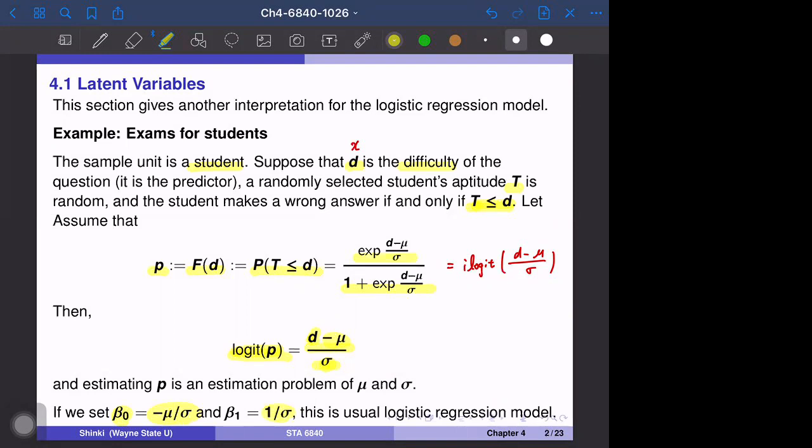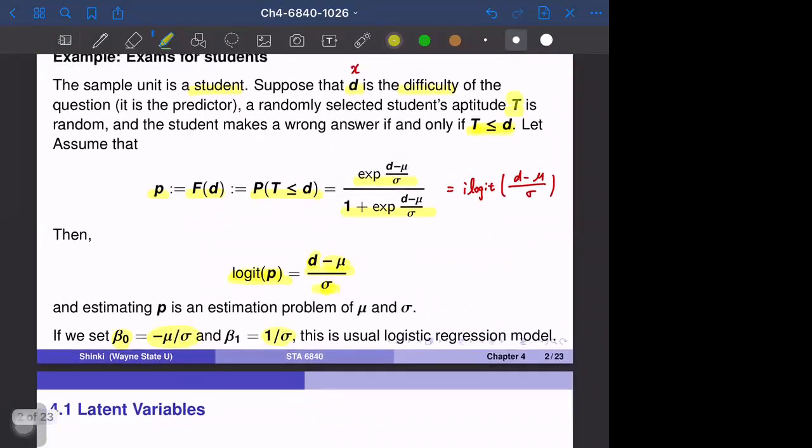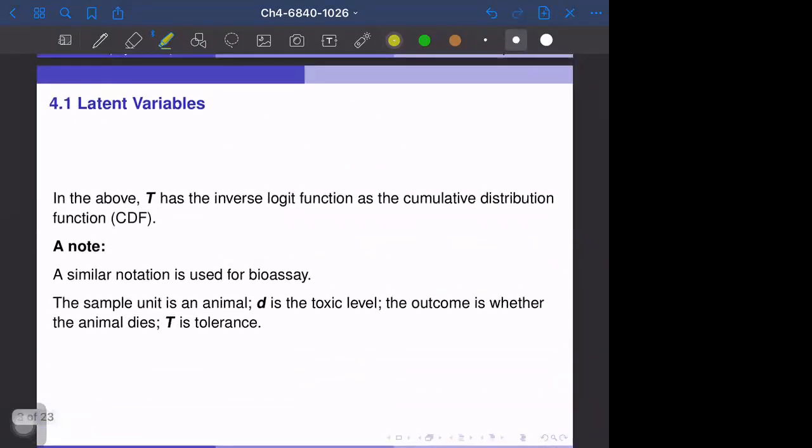In this sense, we can see logistic regression as a model for a random variable. We haven't specified the random variable before, but now we see the random variable is T. This means that T has the inverse logit function as its cumulative distribution function.